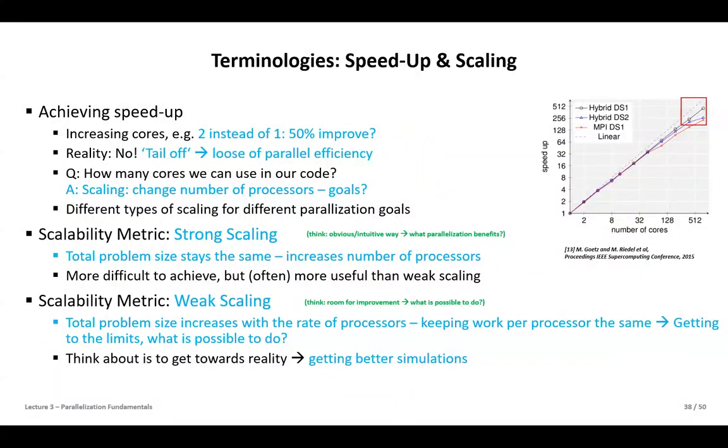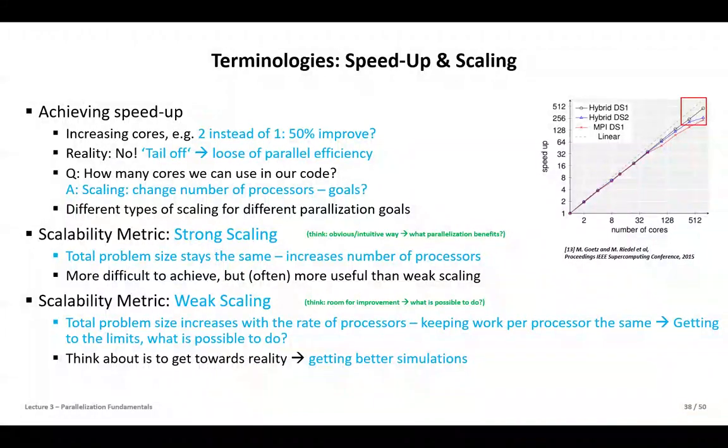So weak scaling is now different. The key difference is that the problem size increases with the number of processes. This is really important to understand. I know for some it's very trivial, but somehow my students always come back to me in Q&A asking what is now the difference.